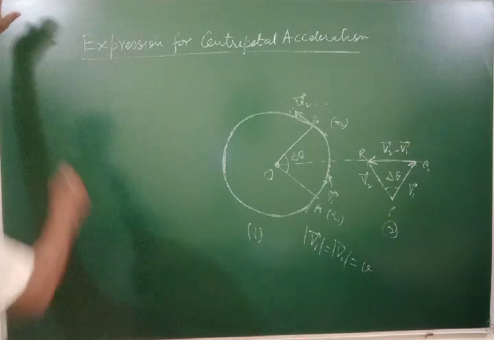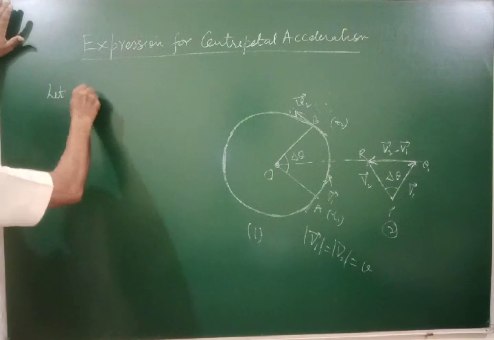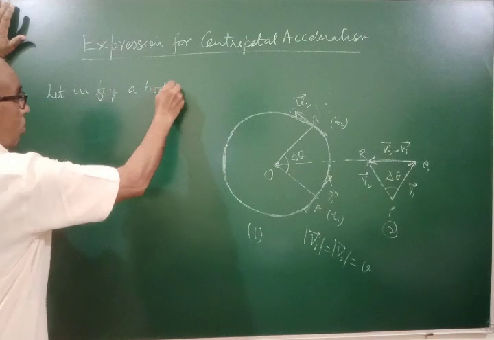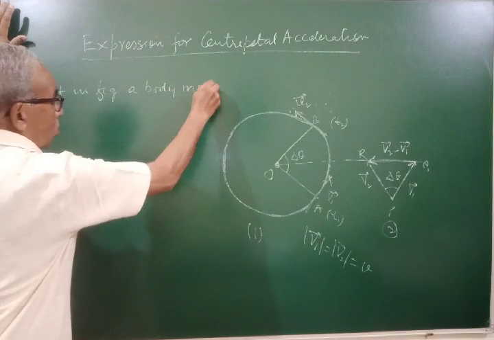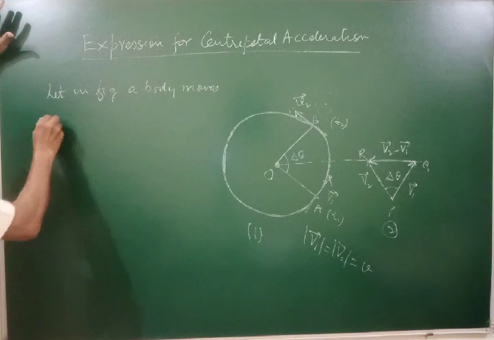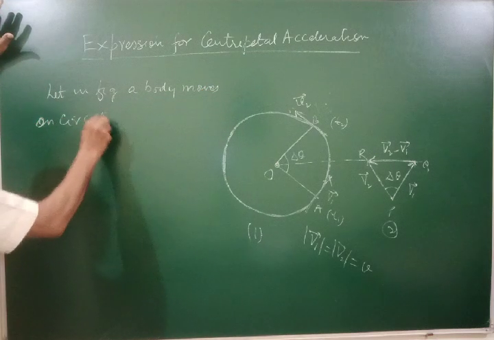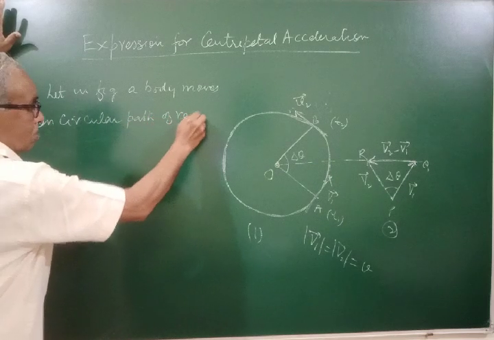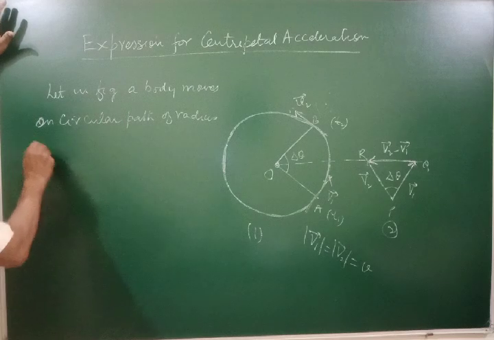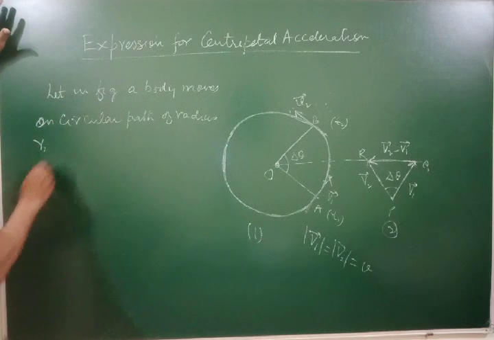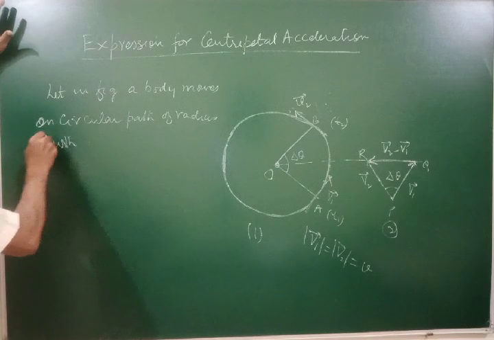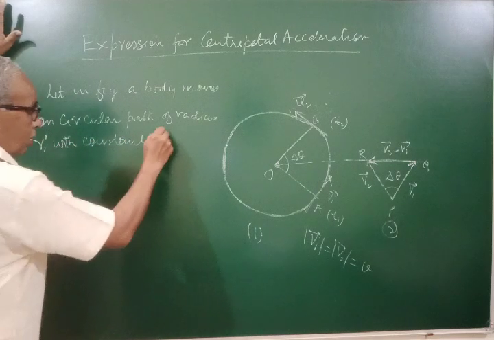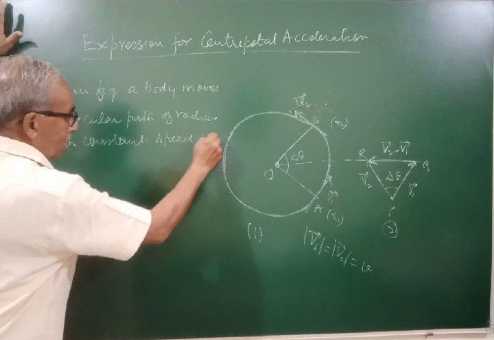So in the figure, you can write here: let a body move on a circular path of radius r with constant speed v.